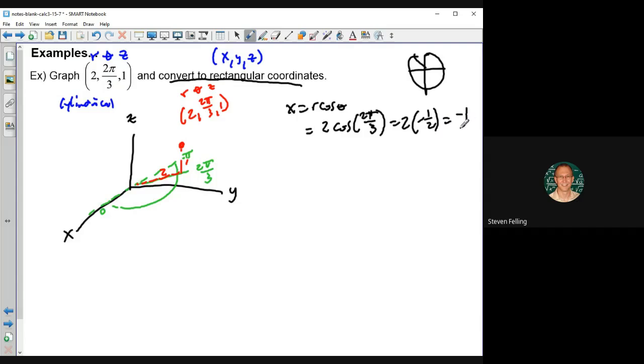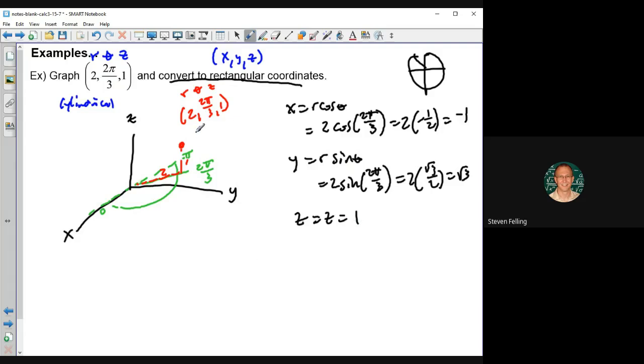So that's going to be -1. And then y would be r sine theta. That's 2 times the sine of 2 pi over 3, and I know the sine of 2 pi over 3 is the square root of 3 over 2. So this is just going to be the square root of 3. And then z is just z, so z stays at 1.